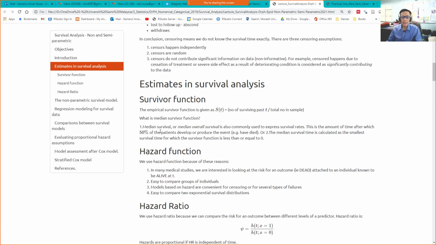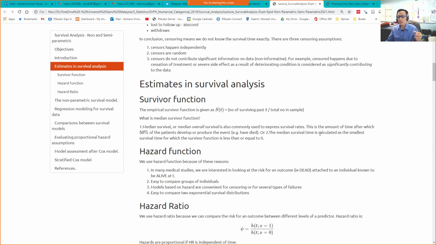Median survival means the amount of time after which 50% of patients develop the event. Okay, let's say the event of interest is death. When is the time where 50% of patients died? Okay, died.